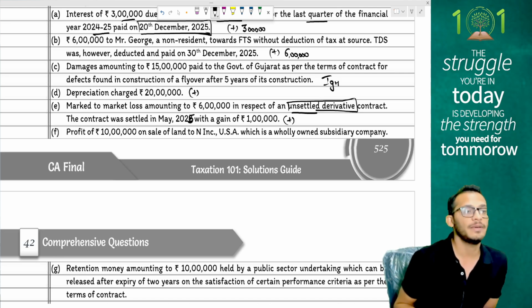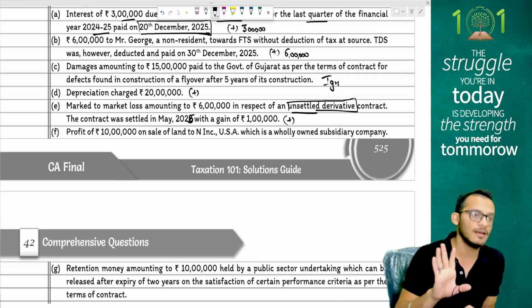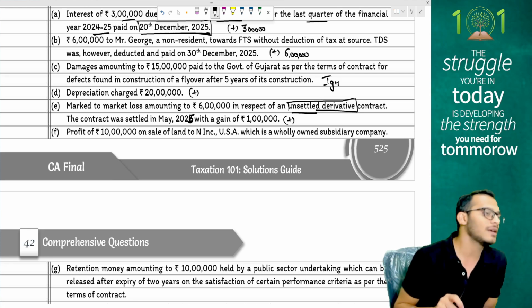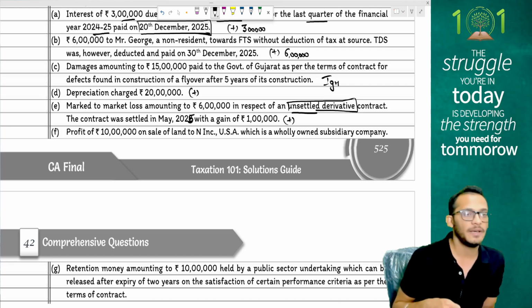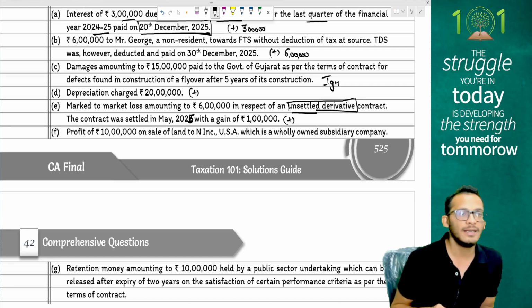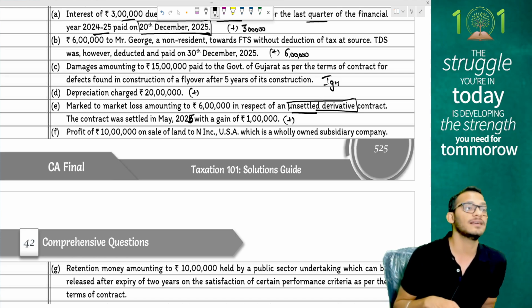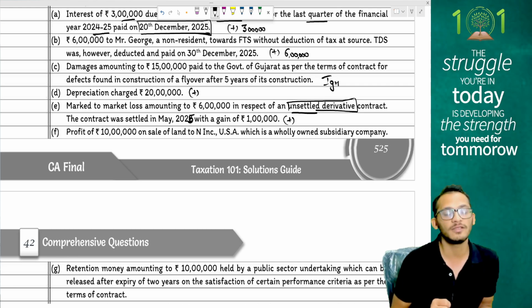Here income tax comes and tells you that MTM loss or gains is allowed as a deduction, as long as it is not from speculations, firm commitments, or highly probable transactions, because that is a case where you are actually doing trades, hedgings. That is where I have a problem because I'm doing it on settlement.